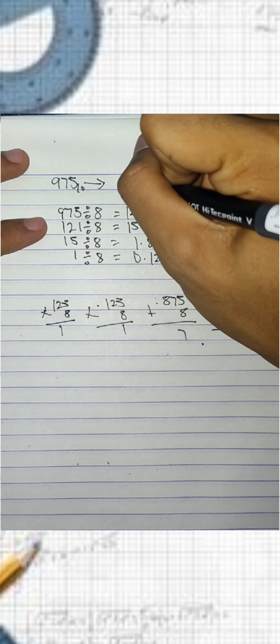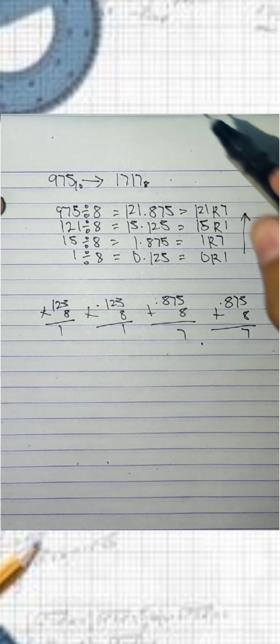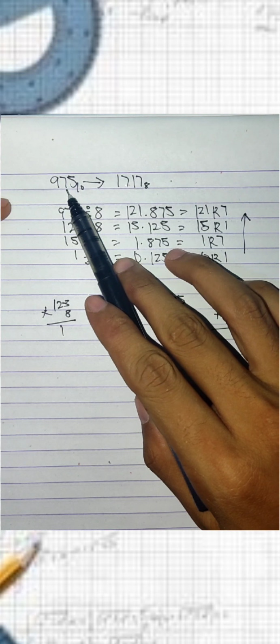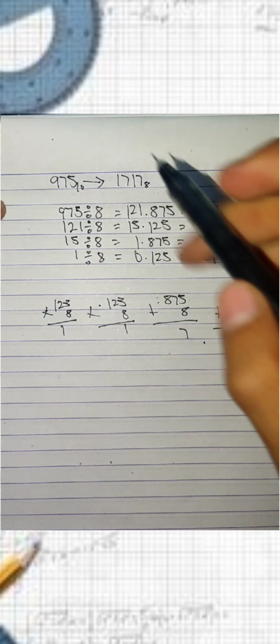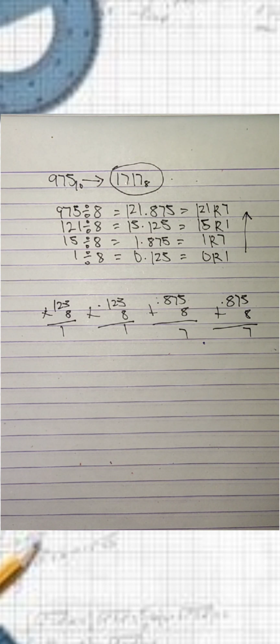So, yan. Kukunin ulit natin siya pataas. Ang octal natin is 1,717. Yan. So, na-convert na natin siya. Yung 975 natin na decimal, na-convert natin siya into octal. Ito yung octal natin. Yan. Yun lang. Thank you.